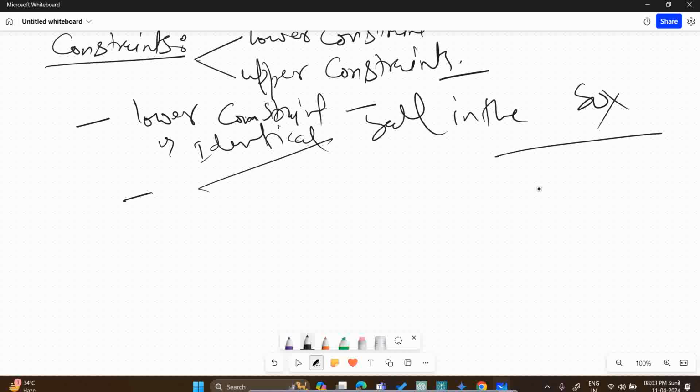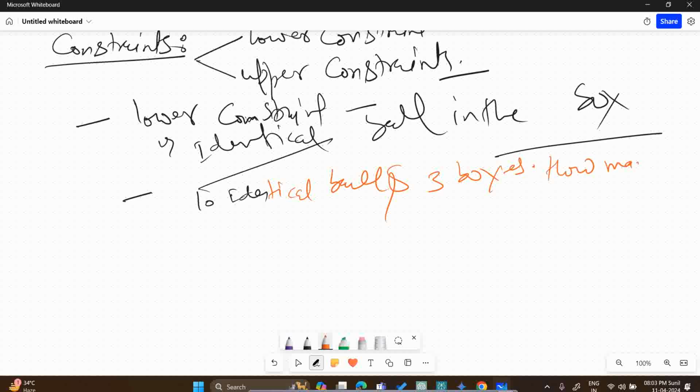Let's say we have 10 identical balls and 3 boxes, right? So how many ways to distribute them under the condition that no box is empty?